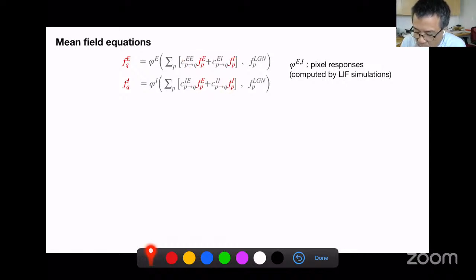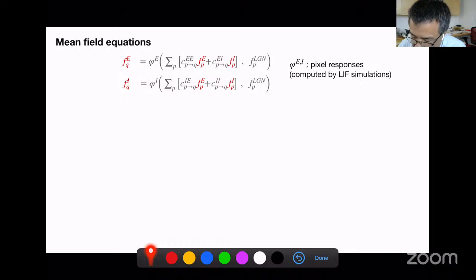The C's are numbers that we can compute based on what we assume about the connectivity of the cortex. And the phi E and phi I are functions that tell me how a pixel responds to spikes that come in. We want to find a self-consistent solution to this set of equations.